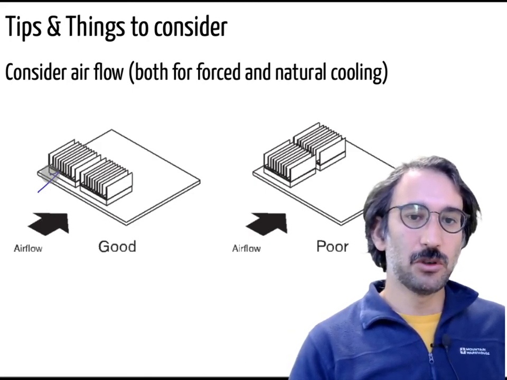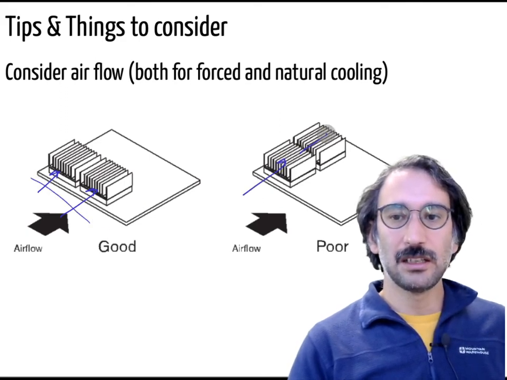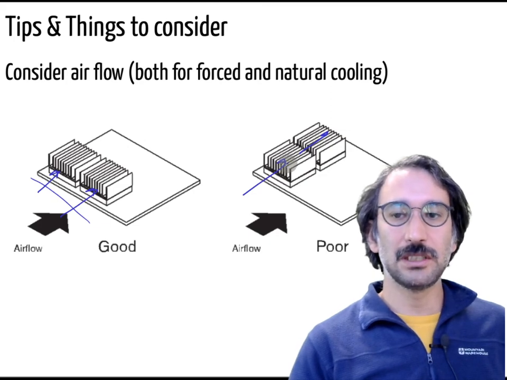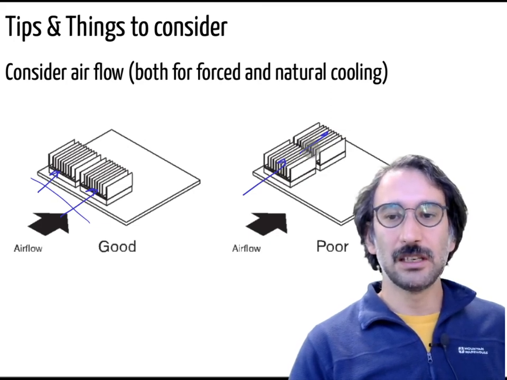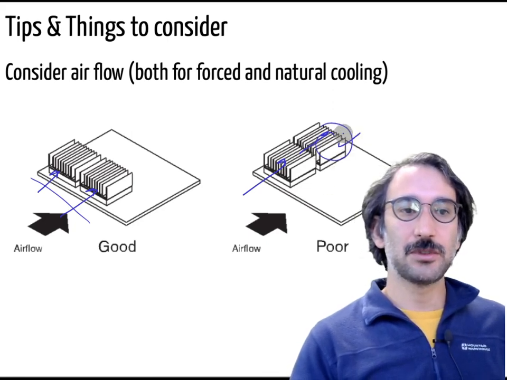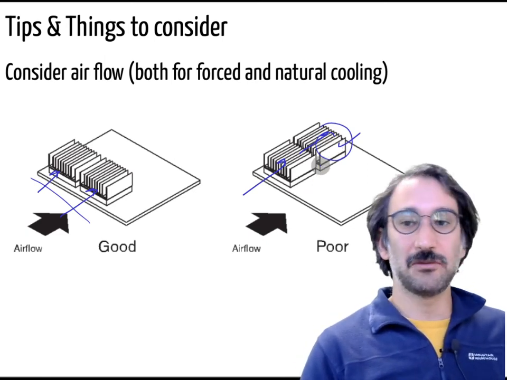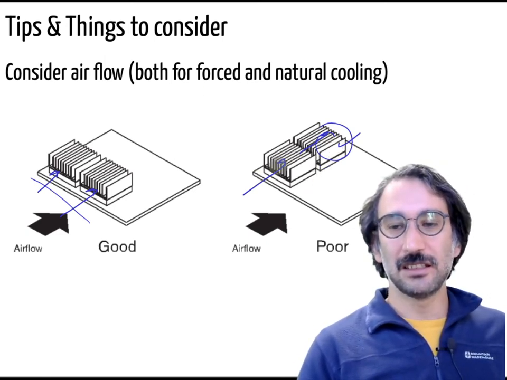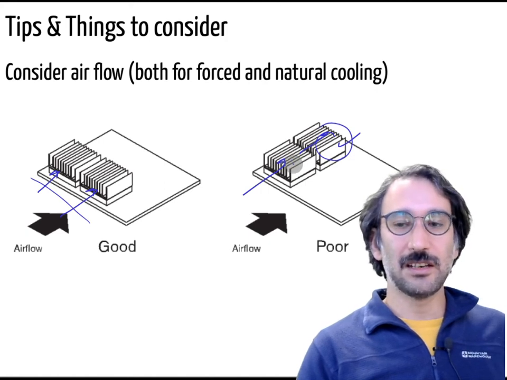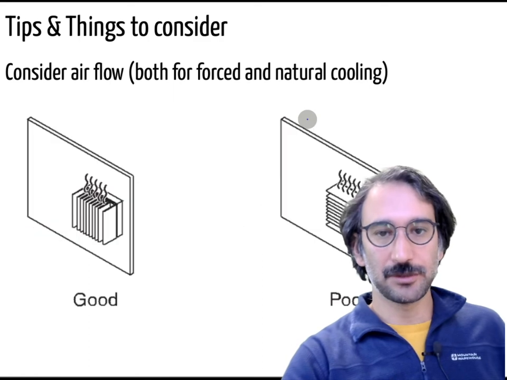Here both of the heat sinks get fresh air, but here they are put back to back, so the first one gets the coolest air, but the second one will have slightly warm air. So depending on that warm air, the operating temperature of that second heat sink will be higher. And if you don't take that effect into account, maybe it will go beyond the maximum operating temperature.